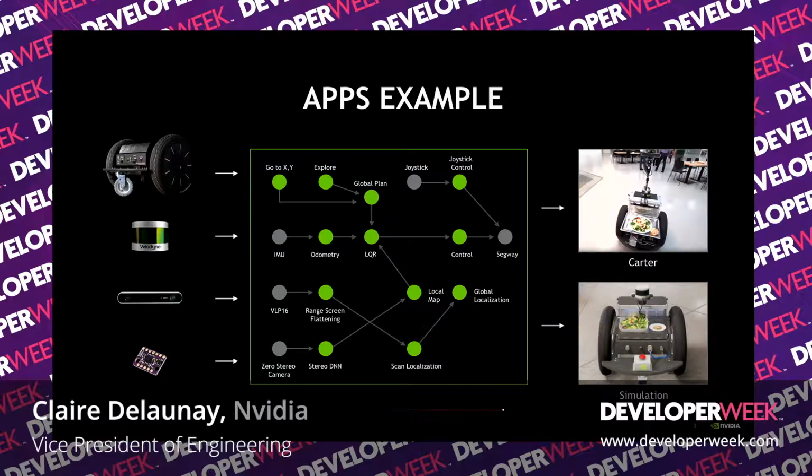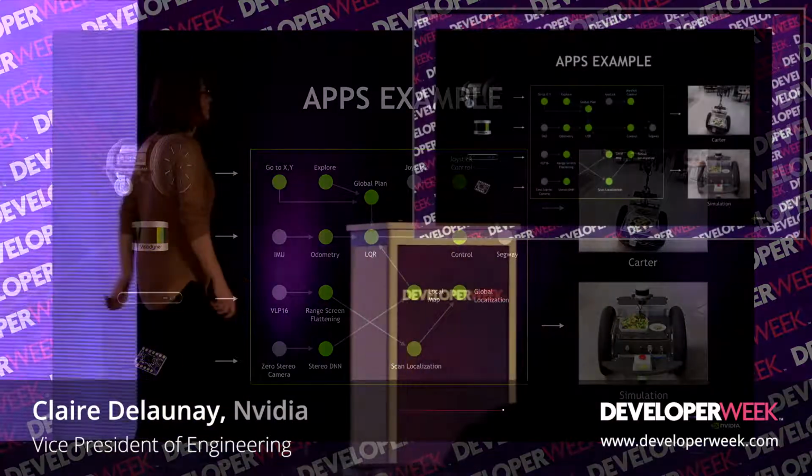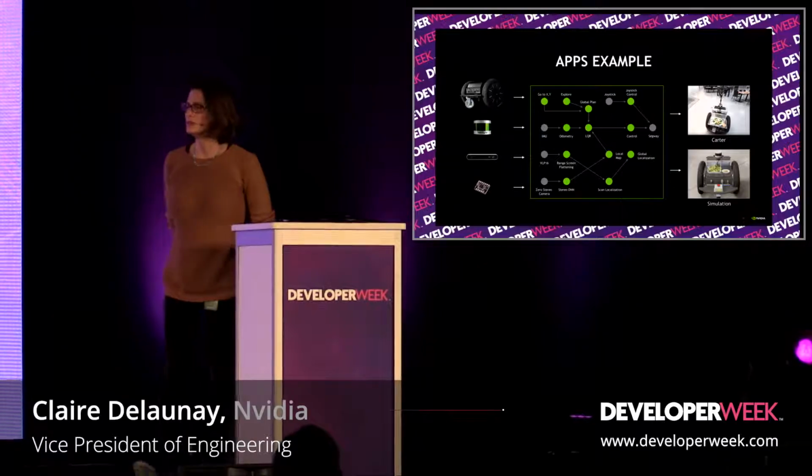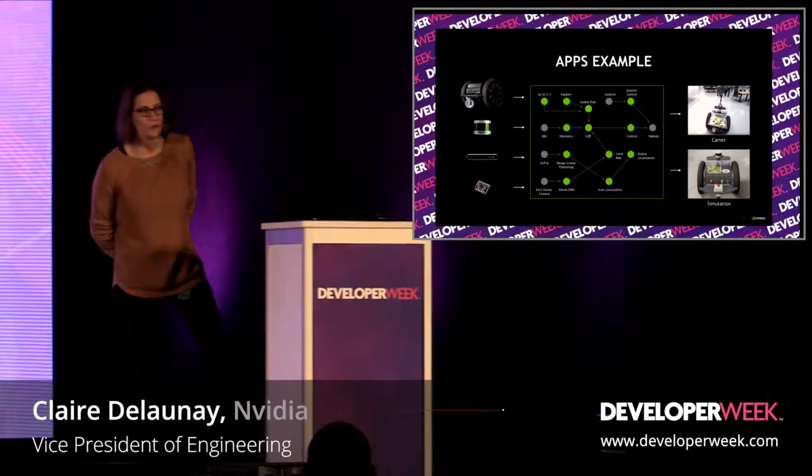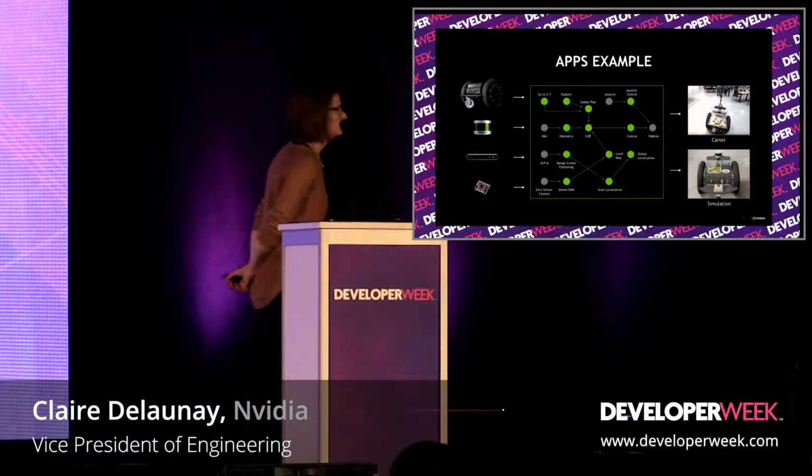Very quick app example, so we have time for questions. This is an example of one of the reference designs we have. We work a lot with reference design. I mentioned it before.